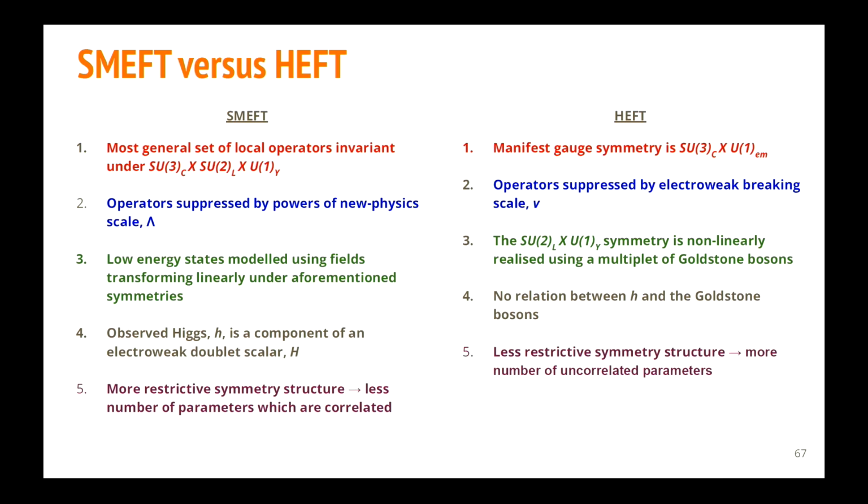So the observed Higgs is a component of an electroweak doublet, whereas there is no relation between the Higgs and the Goldstone bosons. This gives us a more restrictive symmetry structure with fewer parameters, and in the HEFT we have a less restrictive symmetry structure and more uncorrelated parameters.